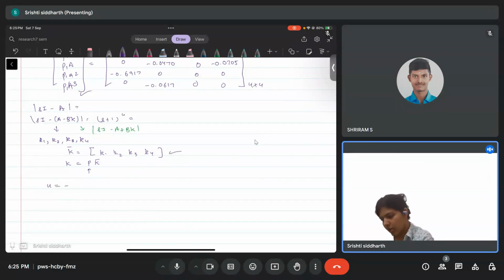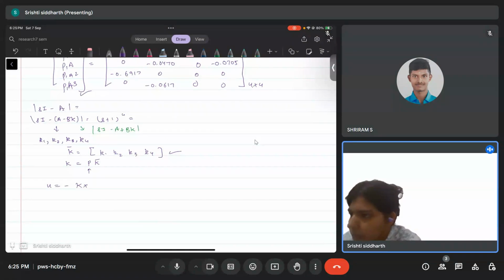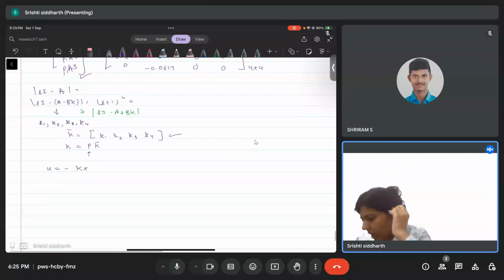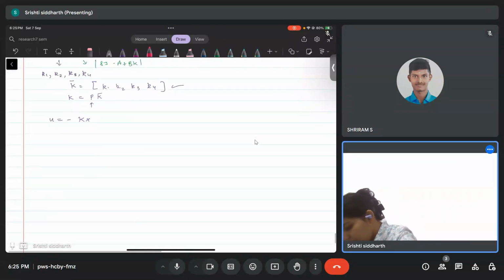So the original control law is u equals minus kx. So another approach which uses the Cayley-Hamilton theorem is Ackermann's technique.